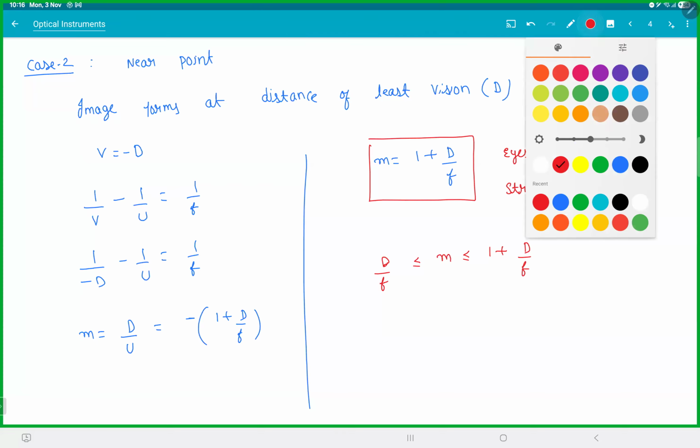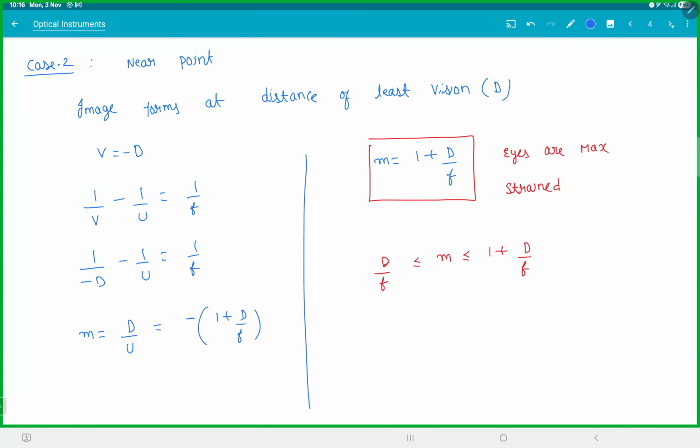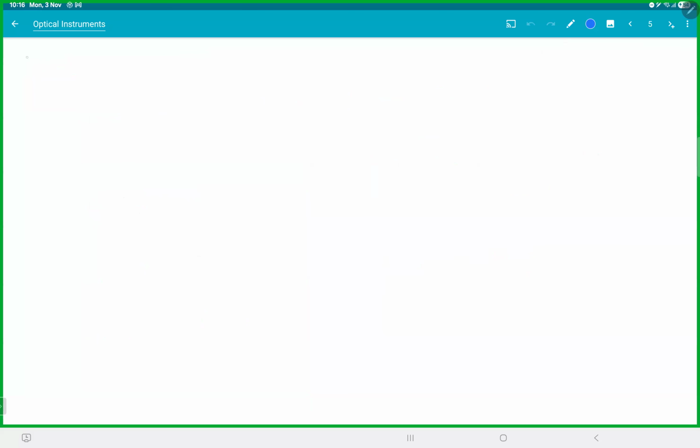Now, how will they frame a question on this? Every time you won't be so lucky, they'll ask a question directly like this. A biconvex lens of focal length 20 centimeters is used as reading glasses by a person. Capital D is 25 centimeters.